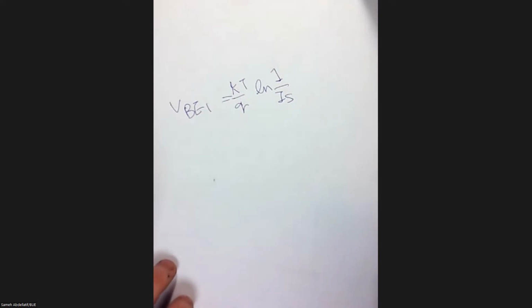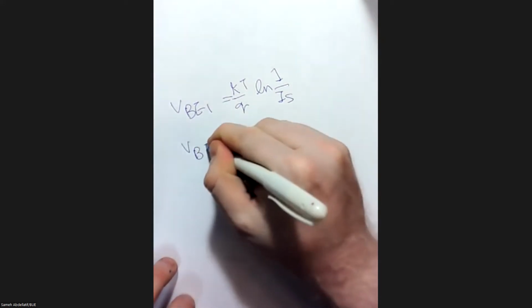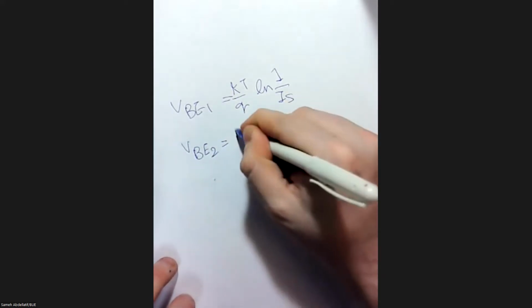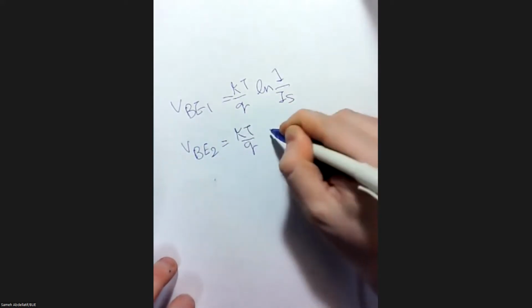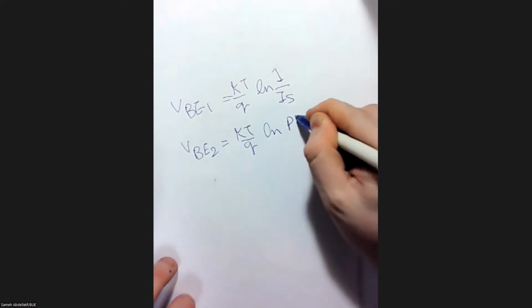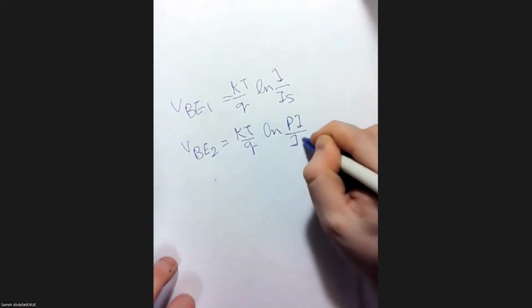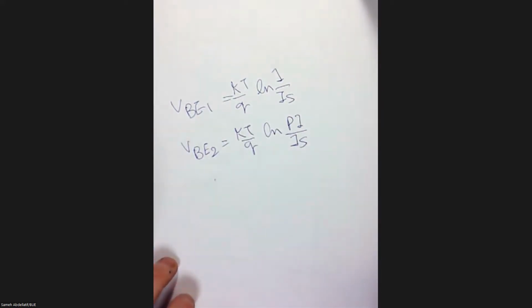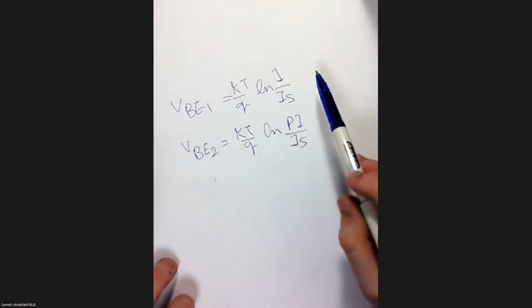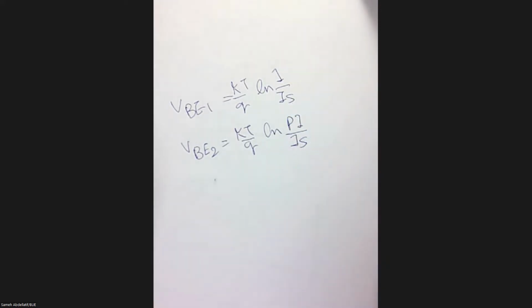And for transistor number 2, we can write VBE2 equals KT over Q ln P times I over IS. So this is the equation for transistor number 1, and this is the equation for transistor number 2.